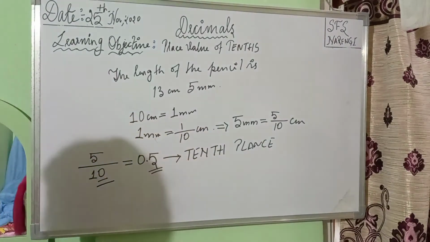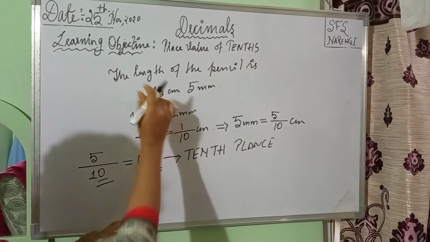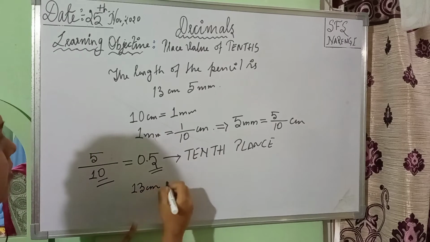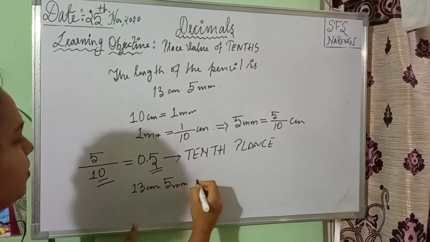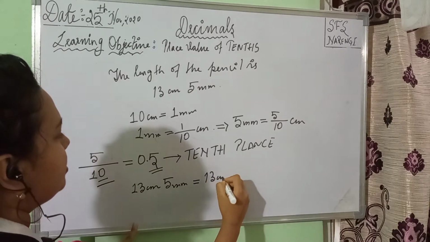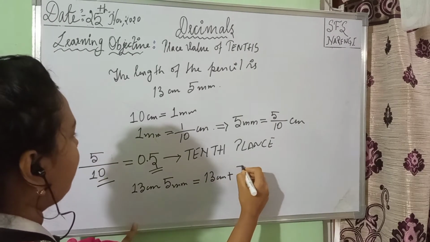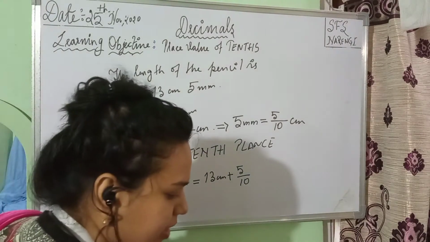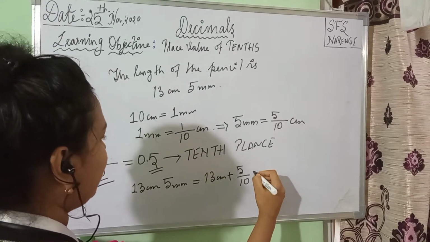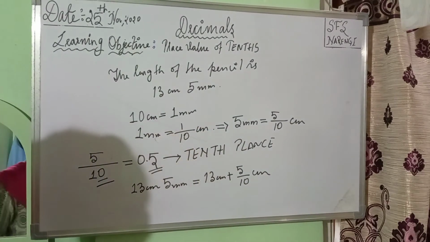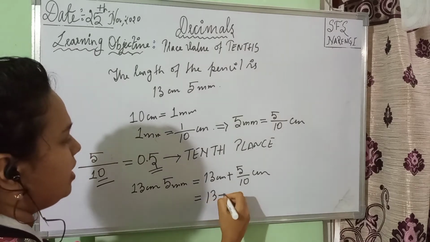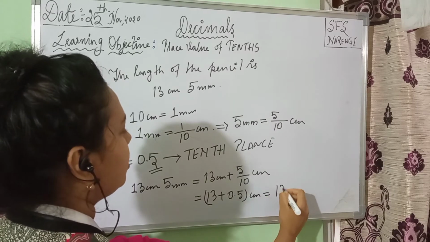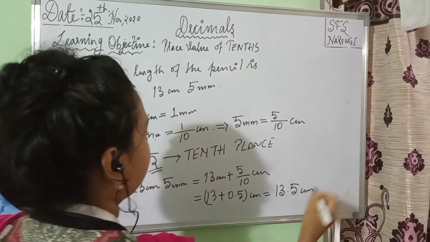So let us finish the first part. 13 centimeter and 5 millimeter can be written as 13 centimeter plus 5 by 10 centimeter, which can be written as 13 plus 0.5 centimeter, which is equal to 13.5 centimeter.